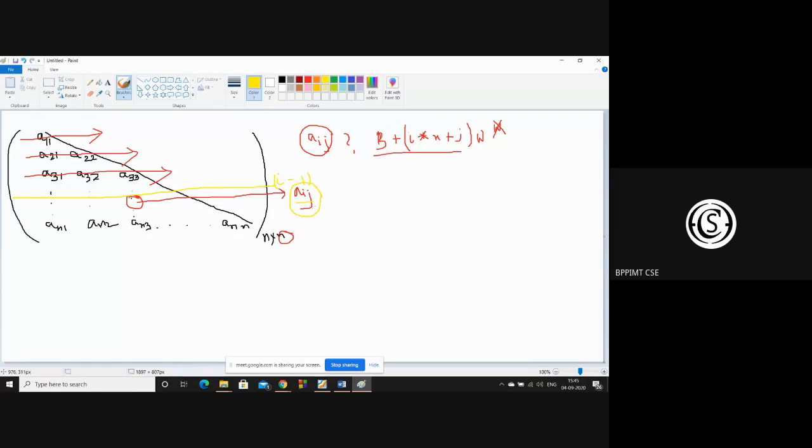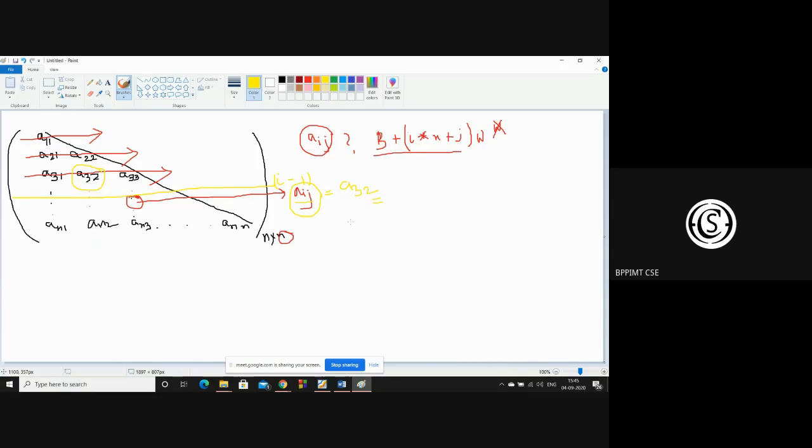Then the element is at position J. Suppose Aij is A32. Then what will be the value of i? Value of i will be 3. Value of j will be 2. Right? Yes, sir.